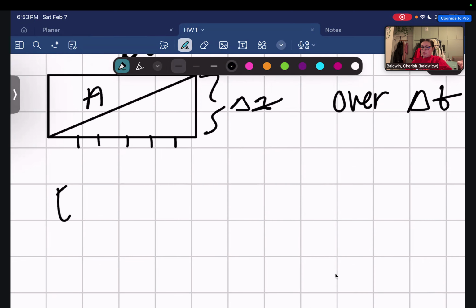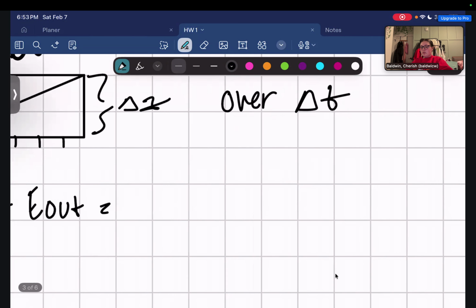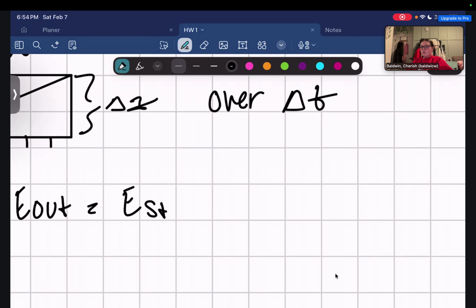So energy balance is energy in minus energy out equals energy stored.